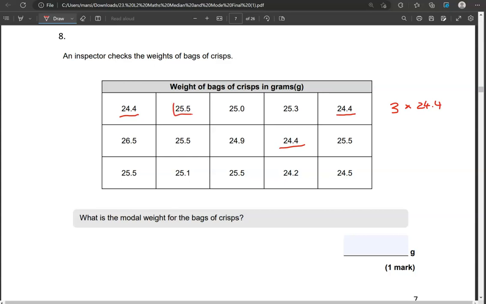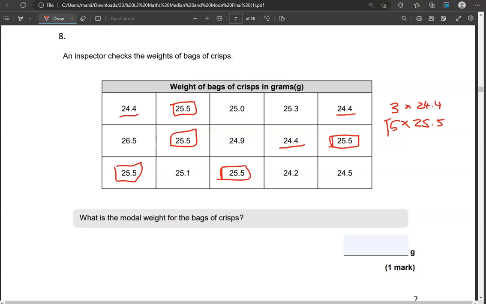25.5, we have 1, 2, 3, 4, 5. 25.0, we've only got 1. 25.3, we only have 1. 26.5, only 1. 24.9, only 1. 25.1, only 1. 24.2, only 1, and 24.5, only 1.